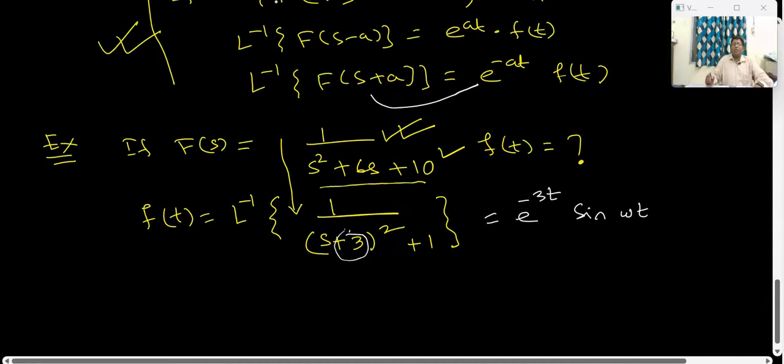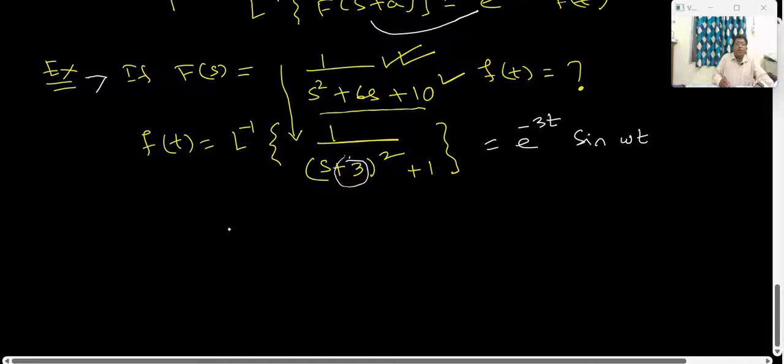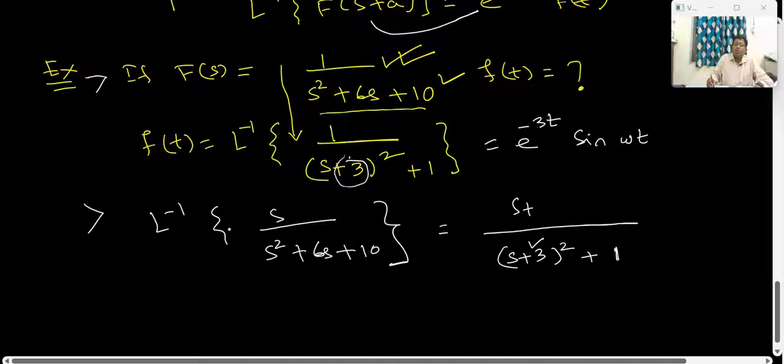Coming to another example, suppose you are asked to find the L inverse of s by s square plus 6s plus 10. Then what to do? You need to adjust it. The denominator is (s plus 3) whole square plus 1. Since here it is s plus 3, we need s plus 3 in the numerator, and accordingly we need to subtract 3.